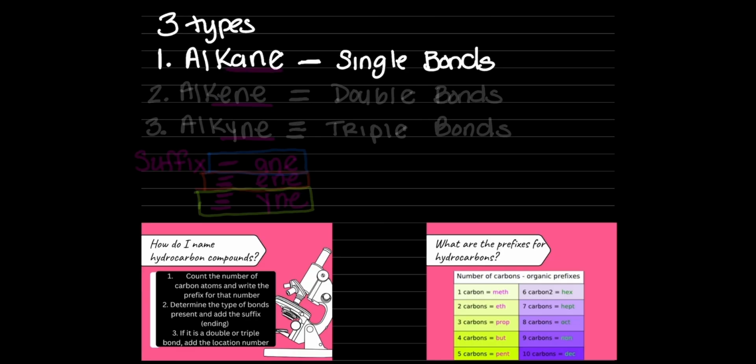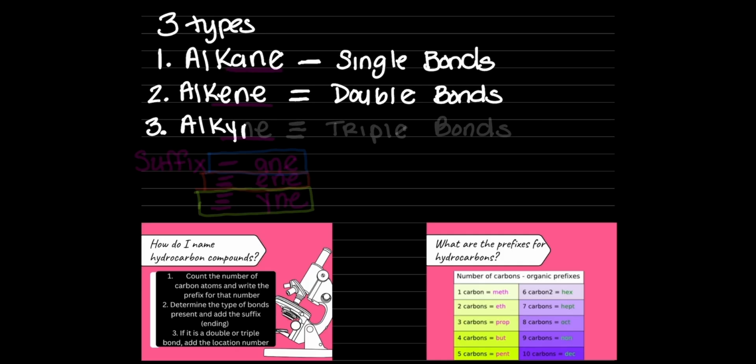That is what a single bond looks like. The second type is called an alkene. Your alkene is represented by double bonds. It looks like an equal sign, but it is represented by two lines. And then your third type is what we call an alkyne, and that is when you have a triple bond, and the triple bond is represented by three lines.